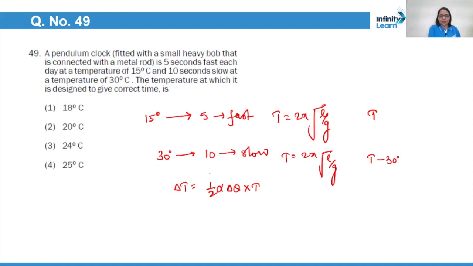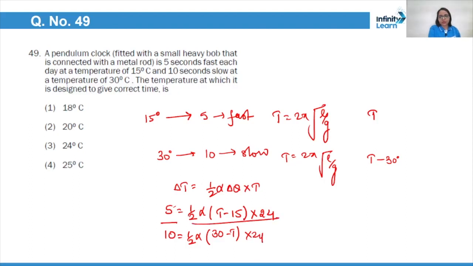So for the first one, 5 is equal to half alpha change in temperature; we are decreasing the temperature, so it is T minus 15, into 24. And for the second one, 10 is equal to half alpha into 30 minus T into 24. So let's divide these. Delta theta is T minus 15 for the first one, 30 minus T for the second one.